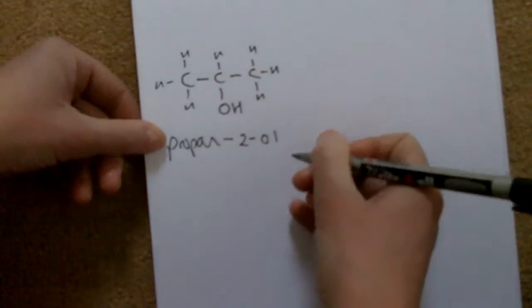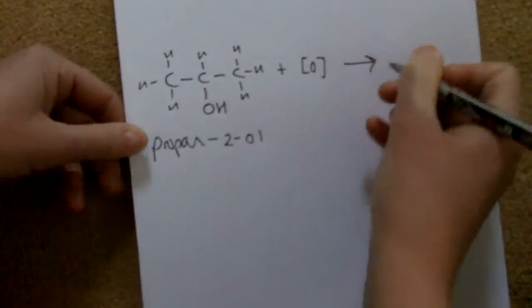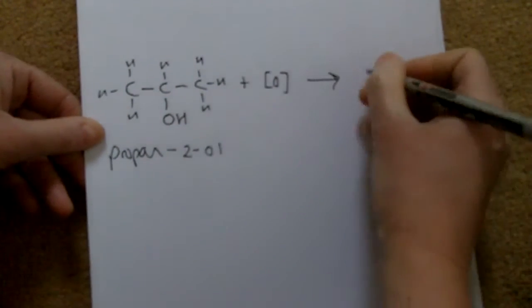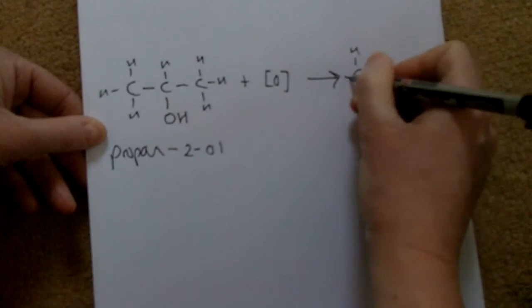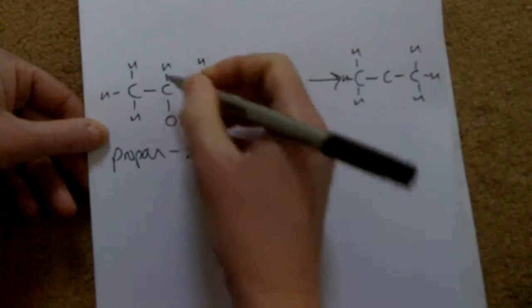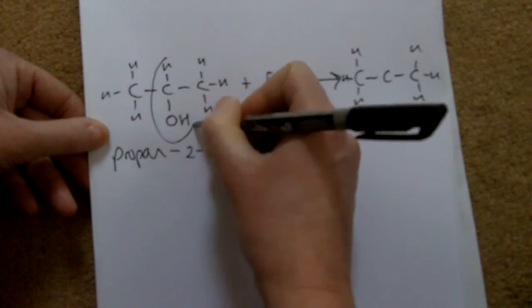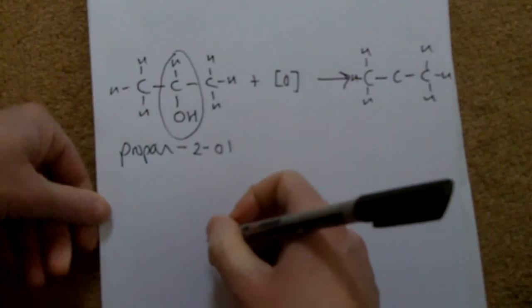Now when you oxidize propan-2-ol, you've got 3 carbons, and nothing happens to the carbons at the end. It all happens on the carbon that's joined to the O.